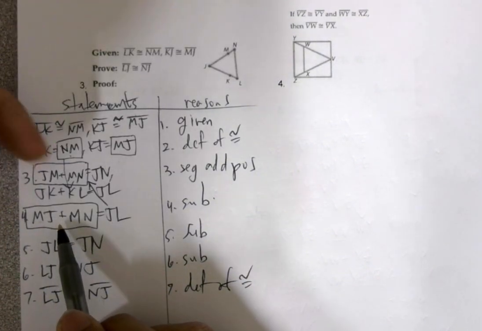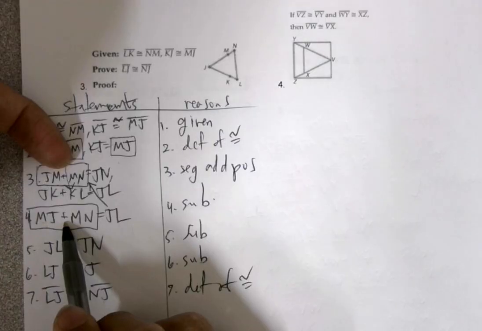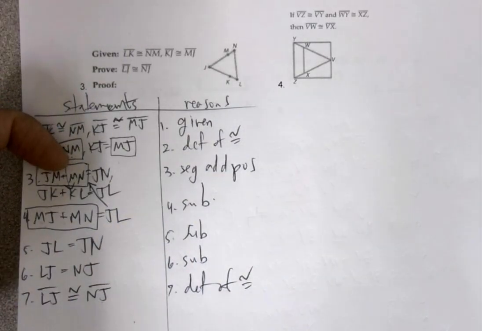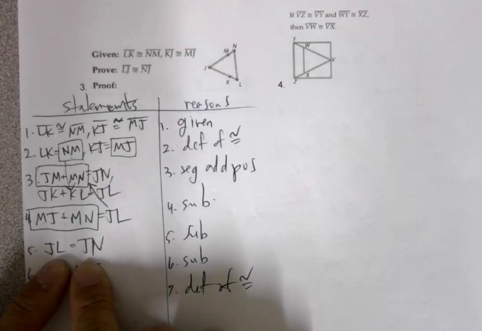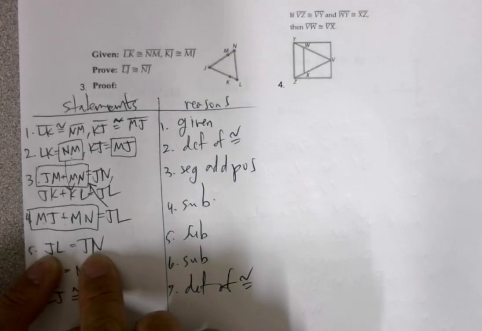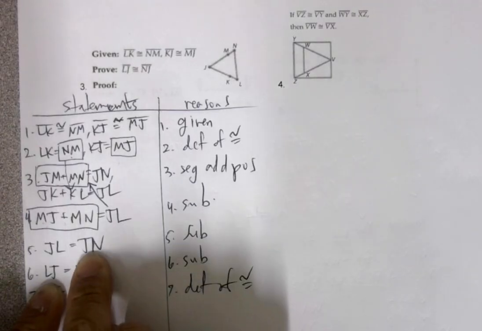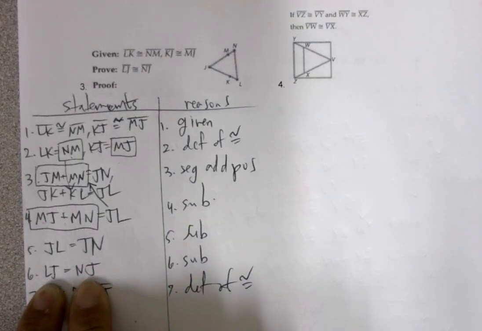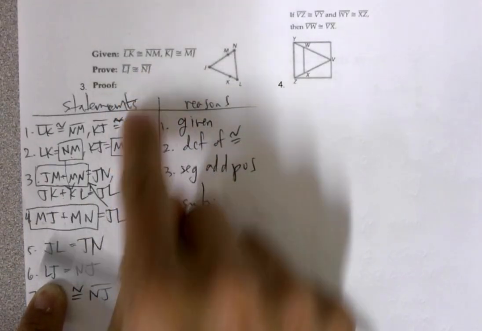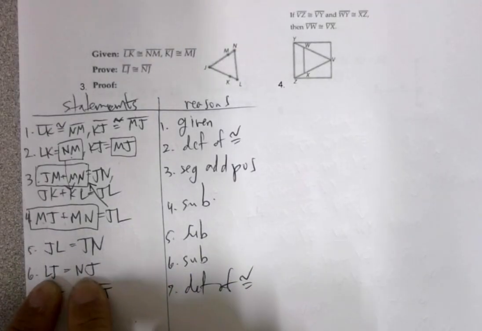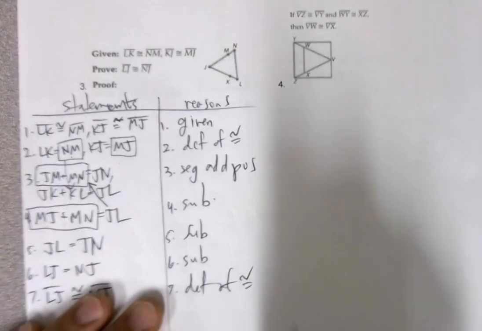So that means that this expression is the same as this expression, which means I could take this JL and put it right in there, which we did. And then we also need to understand that we could flip these around. LJ is the same as JL. JN is the same as NJ, which is what we want our proof statement to be. So we can just flip that around. It's the same thing. So substitution, it's the same thing. And then we turn it into a congruency statement.